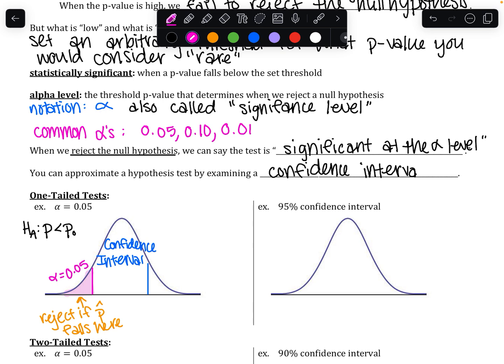Well, if I have 0.05 on the left, I also have 0.05 on the right. So to get this whole thing to add up to 100%, I would need 90% confidence. So if my alpha is 0.05 and I have a one-tailed test, meaning I used less than or greater than in my alternative hypothesis, then I would use that with a 90% confidence interval.